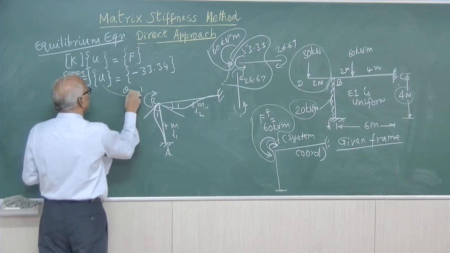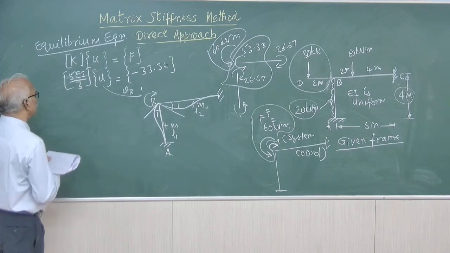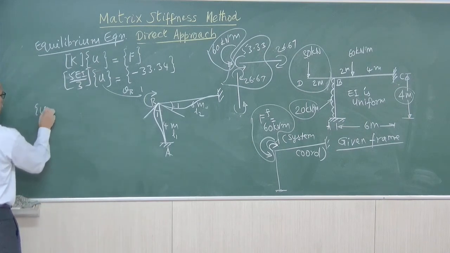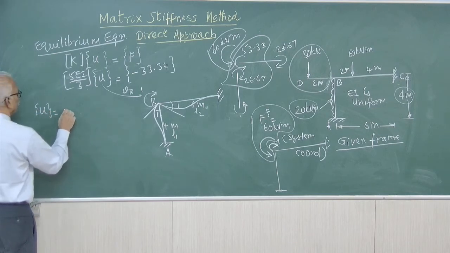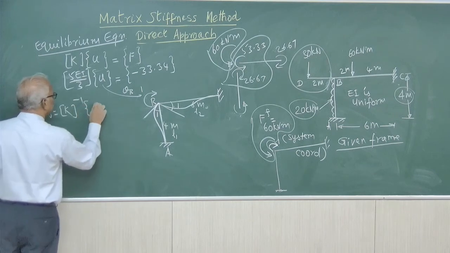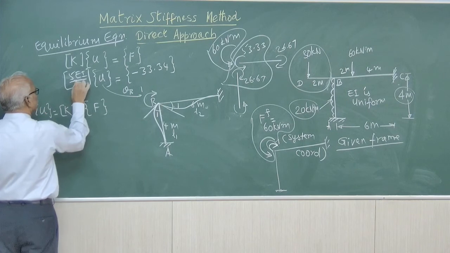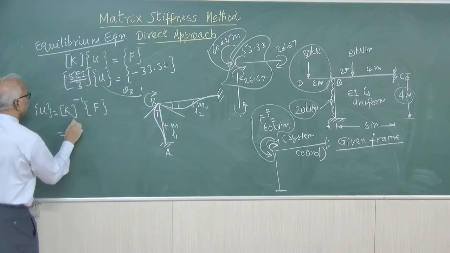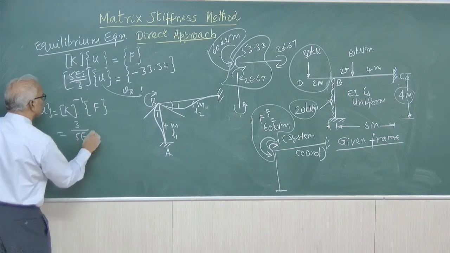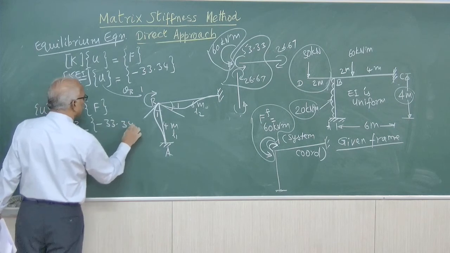We applied theta B equal to unity, but now we have to actually find the value of theta B. Therefore, U equals K inverse into F. The inverse of this, there is only one value, will be 3 by 5 EI. 3 by 5 EI into minus 33.34.